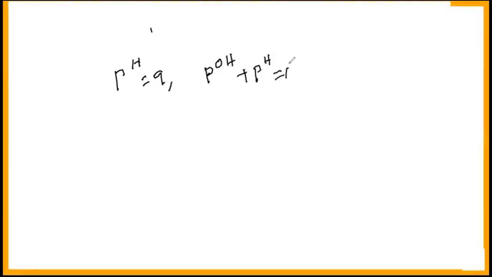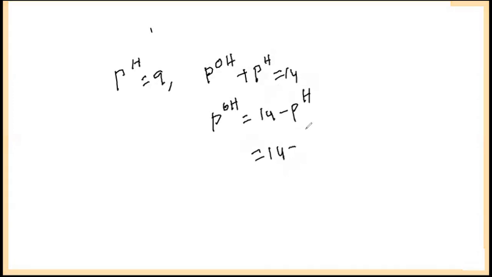Now the pH is given as 9, whereas pOH means what? pOH plus pH is equal to 14, so pOH is equal to 14 minus pH. The value is 14 minus 9, that is 5.